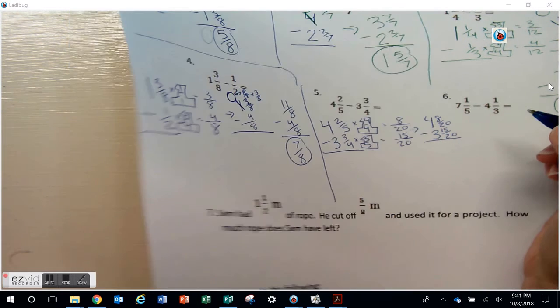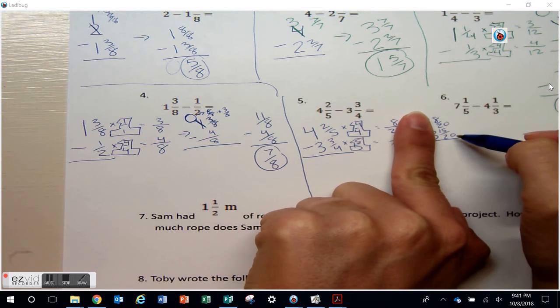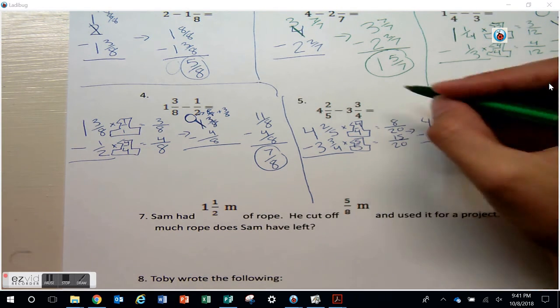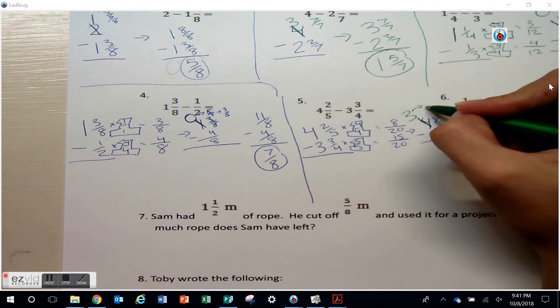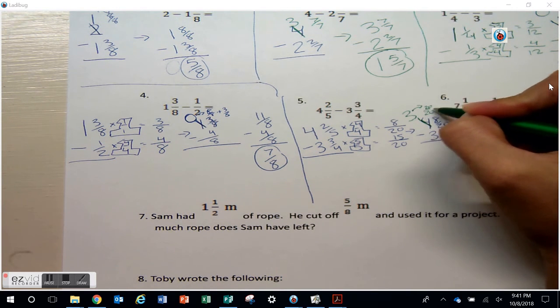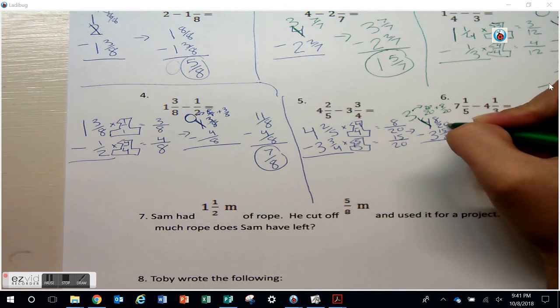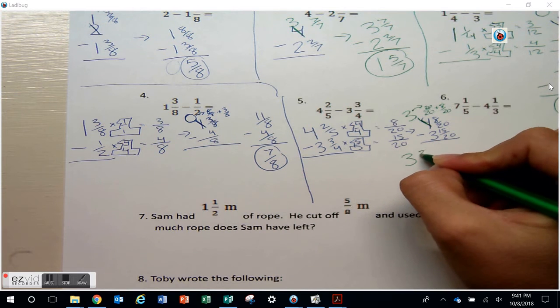Can we subtract 8 twentieths with 15 twentieths? No. So we're going to have to regroup. That 4 now becomes a 3. We're going to give 20 twentieths over here. Well, 20 twentieths with that 8 twentieths that was already there gives me 28 twentieths.